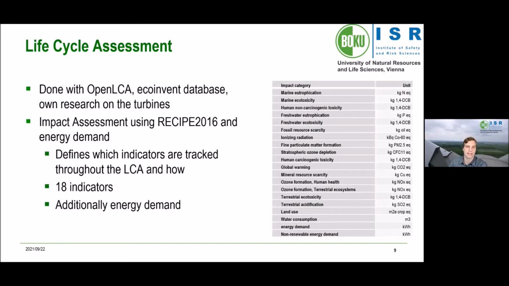In fact, it doesn't matter that much for us here, because this is mostly focused on seeing which parts of the turbine are more or less important, and this doesn't change too much with the different possibilities you have there. So in the end, we had 19 indicators. They are listed here for reference.